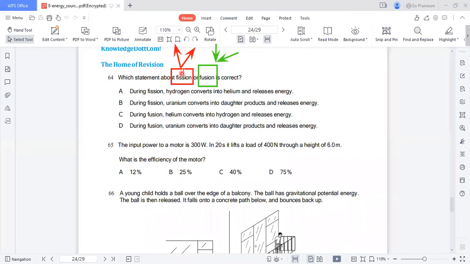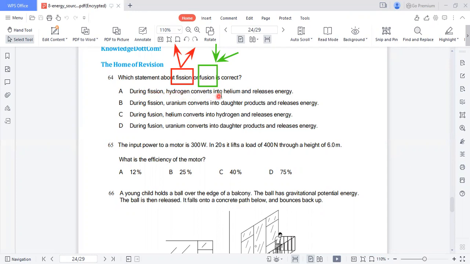And in fission, one heavy nucleus breaks into two different, smaller nuclei. So during fission, a heavy nucleus breaks into two smaller nuclei.